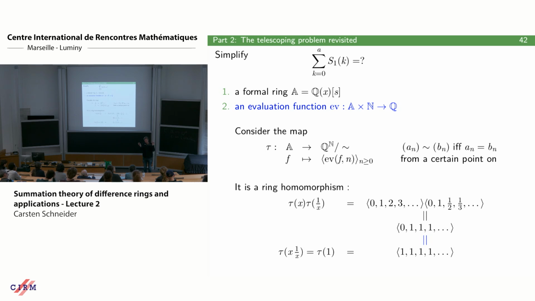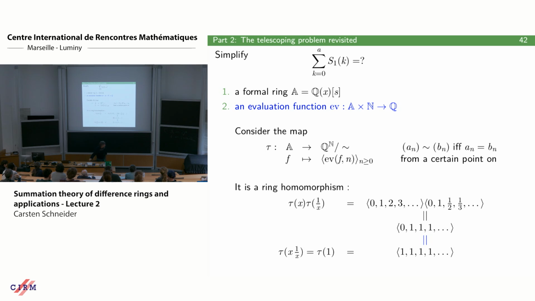And for simplicity, I don't work with equivalence classes. I just use sequences, okay? But actually they're equivalence classes. And then we can see here that these two sequences are now the same, because the first entry is wrong. So they are in the same equivalence class, okay? And in this way, the whole thing turns now into a ring homomorphism.